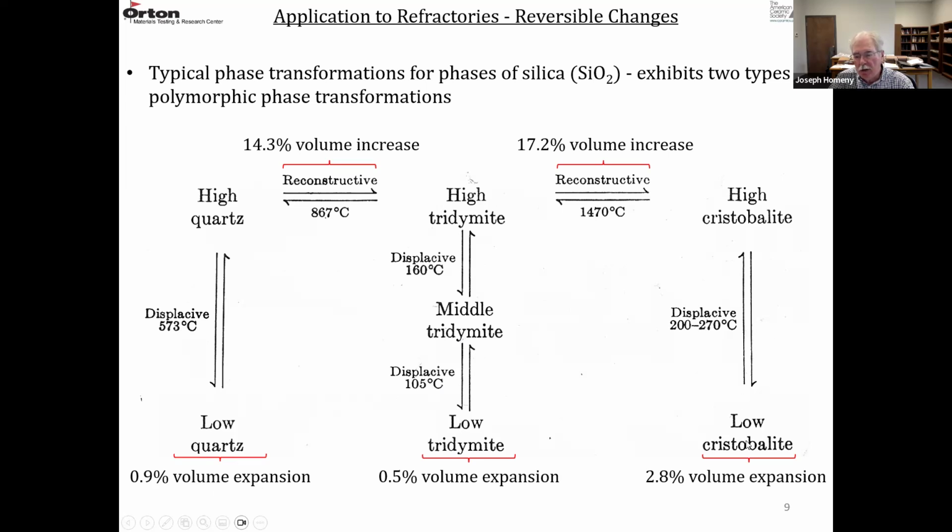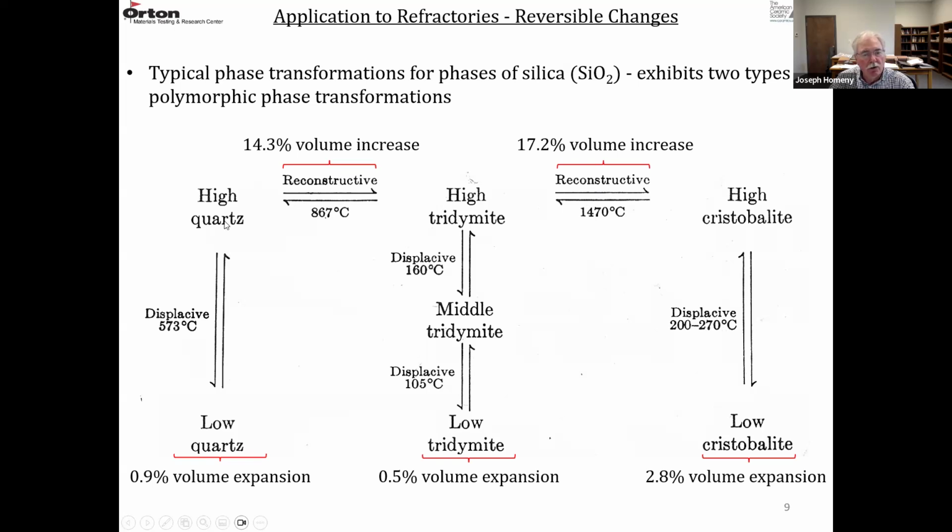And then cristobalite goes from low to high cristobalite around 200 to 270 degrees C, and that's a 2.8% volume expansion. So when you start out with quartz to manufacture a silica refractory, you want to convert the quartz to either high tridymite or high cristobalite. So you have to go through these reconstructive phase transformations.